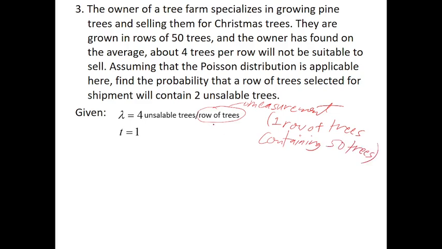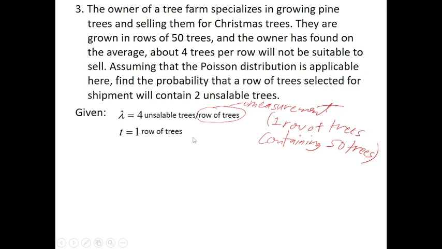So that is T. So this is T, 1 row of trees. Okay, so this is the average. Now for every row of trees, the average unsaleable number of trees is 4. Okay, so the owner has found on the average about 4 trees per row will not be suitable to sell.